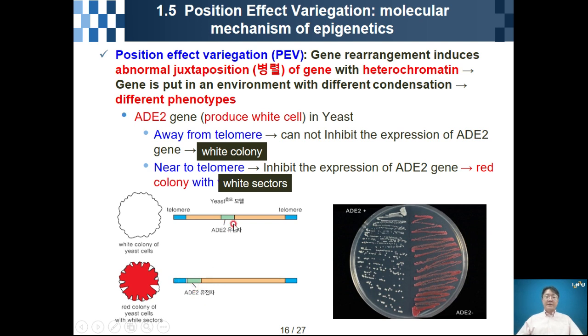In this case, the ADE2 gene was located in the euchromatin region, which means a very relaxed region. But now the ADE2 gene is located in the heterochromatin region, which means a very condensed region.